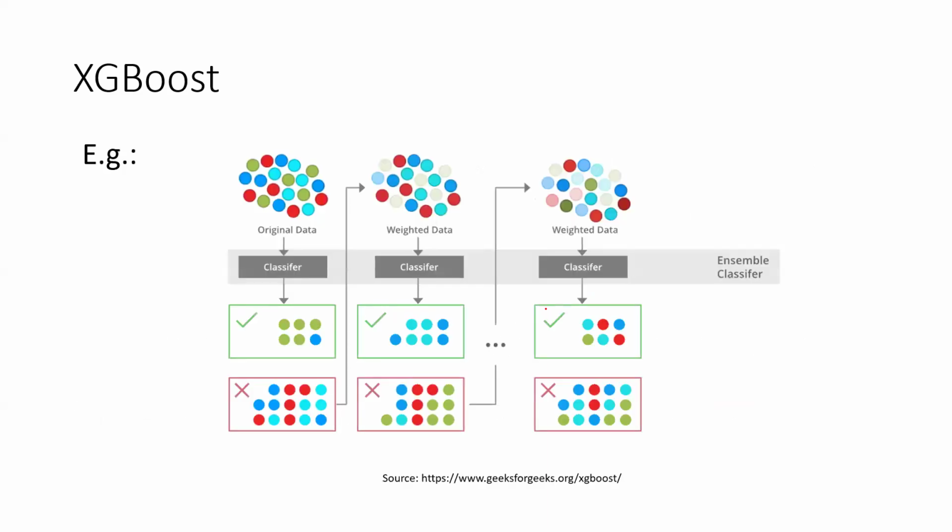So this is how it is done sequentially, where you get the original data set. Suppose this is the data set, and then we do the classification with the model, and you find that for these particular data points the model works correctly, and for these particular data points, the model was not accurate.